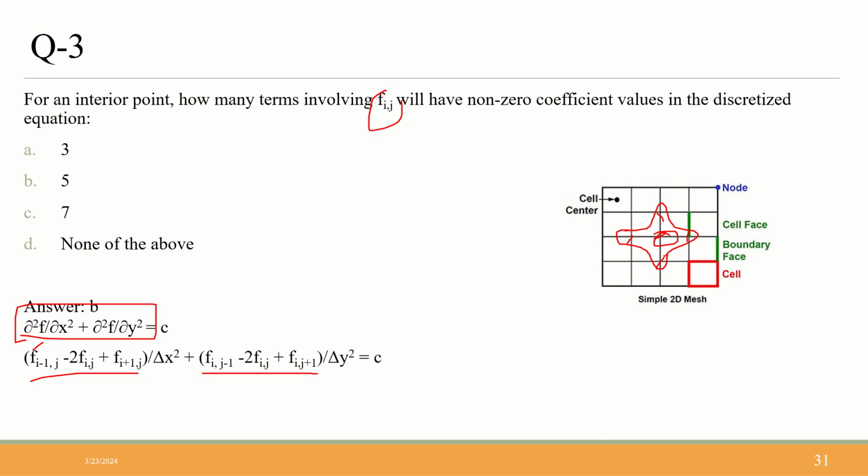We have 5 f_ij with non-zero coefficient values. All these are non-zero coefficients, so we have 5 points. Option A is 3, option B is 5, option C is 7, option D is none of the above. So the right answer is actually option B, that is 5 points.